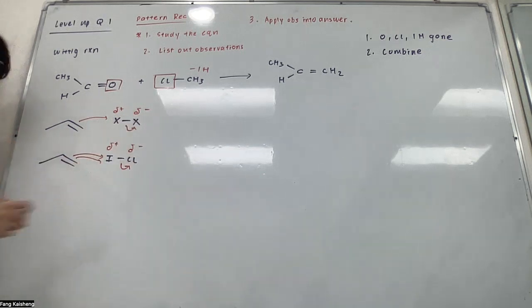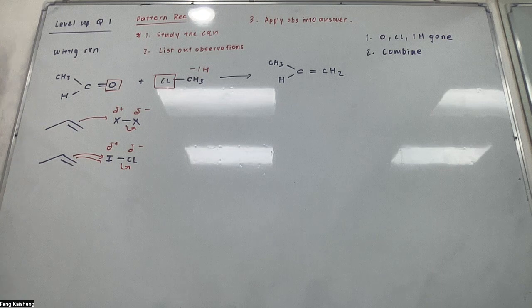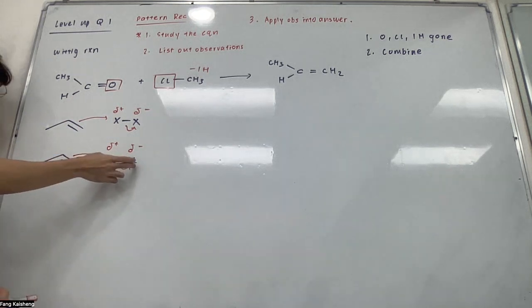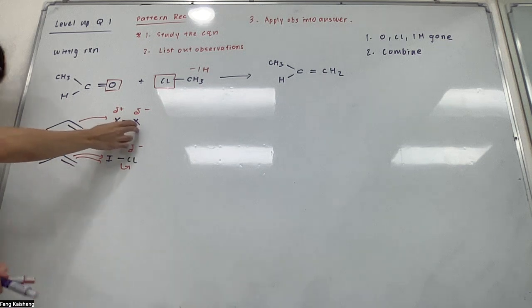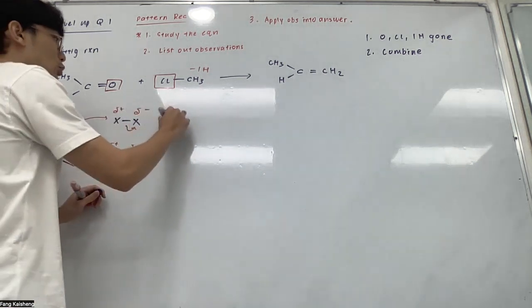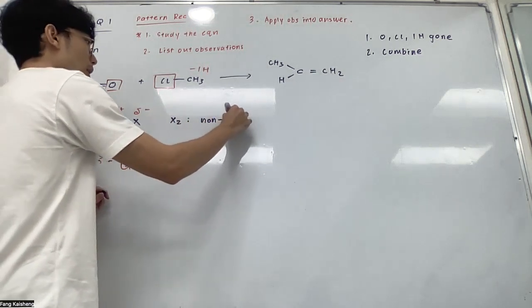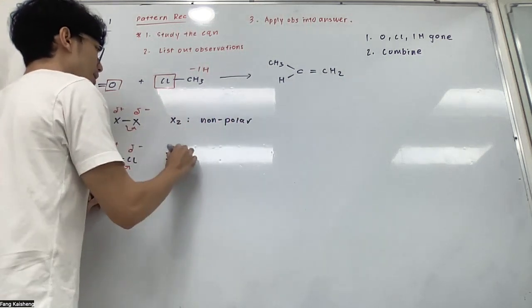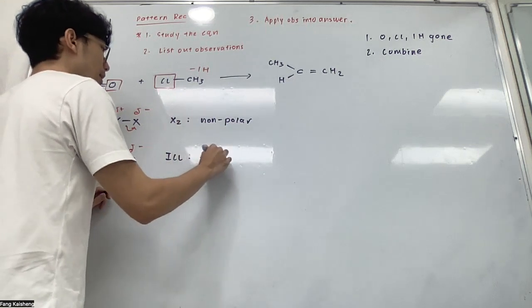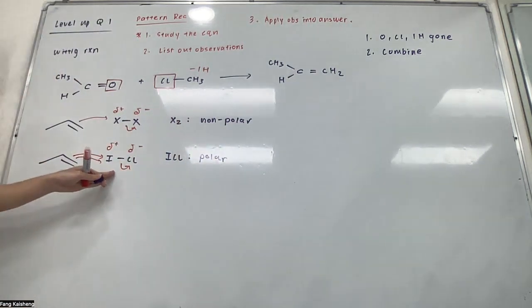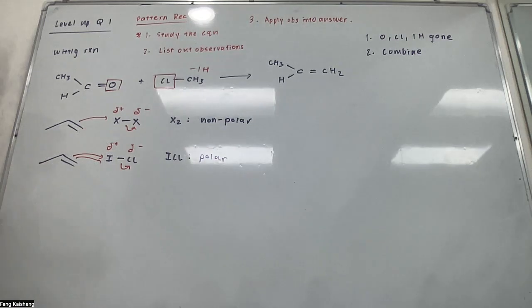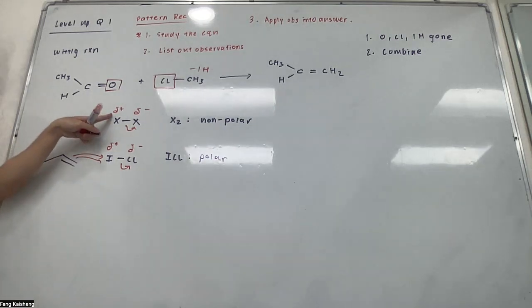Why is this faster? We talk about polarities. Tell me what you notice about polarities. In fact, is there even an electronegativity difference here? So that means for X2, they are non-polar, whereas ICl is polar. Remember, guys, if polar, you're going to have a partial charge automatically. For this one, is it automatically there?